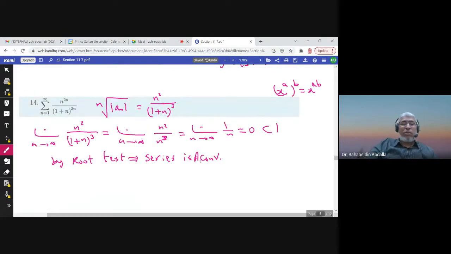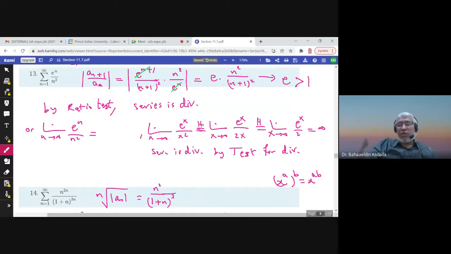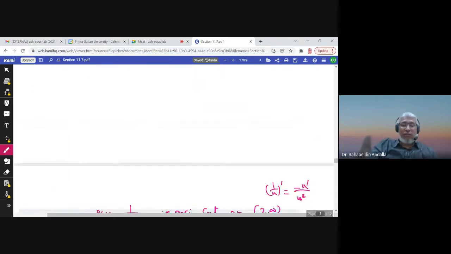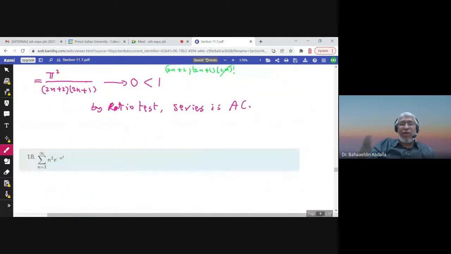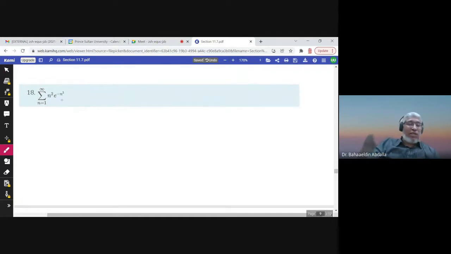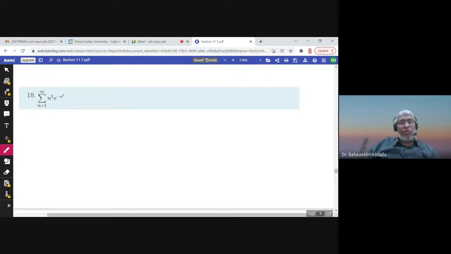But the root test and the ratio test tell us immediately that the series is absolutely convergent if L is less than 1. You can use the integral test to test the divergence and convergence of this series. But I will use the ratio test here.